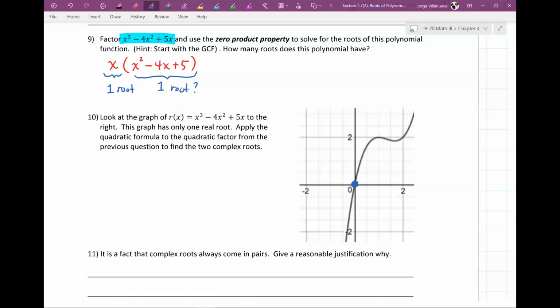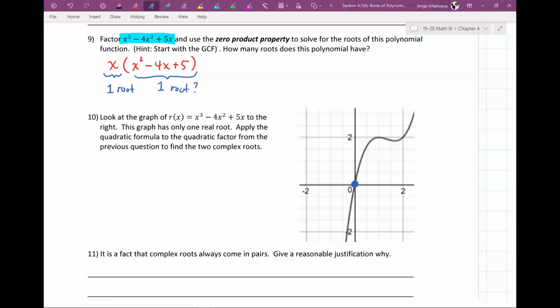Imaginary. Yeah, complex. Complex numbers always come in pairs, right? So if there's 1 real root, then how many complex do there have to be? 2. And 2 plus 1 equals 3, which is my degree, right?